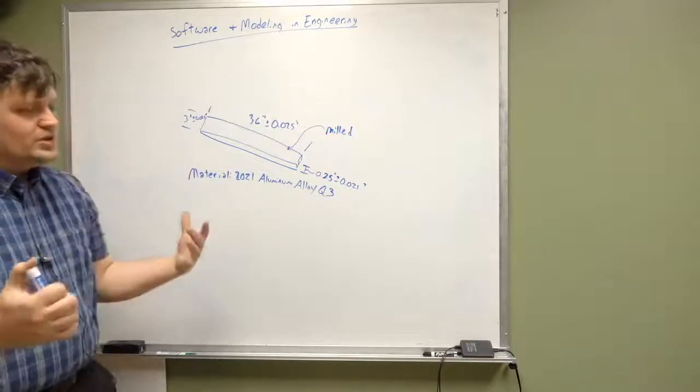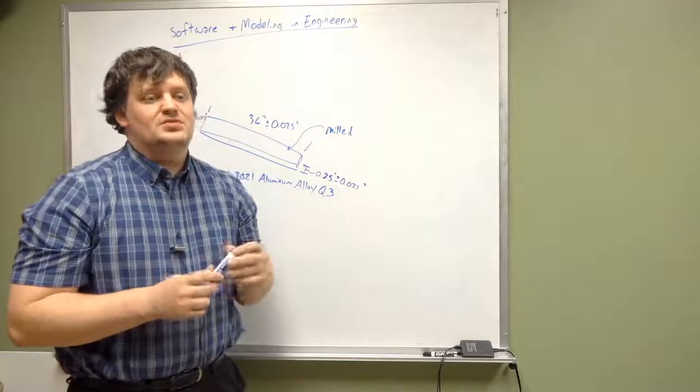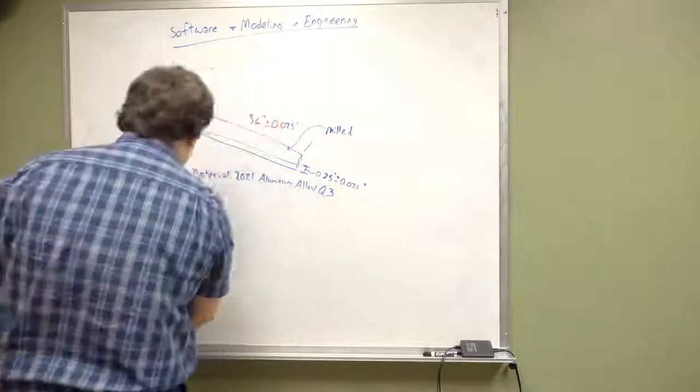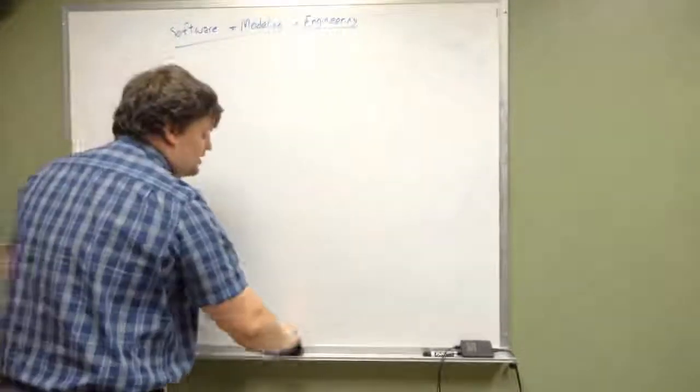So when I want to talk about software in this class, the importance of being able to understand software is, first of all, I guess I should write this in list format. Why should I know modeling software?